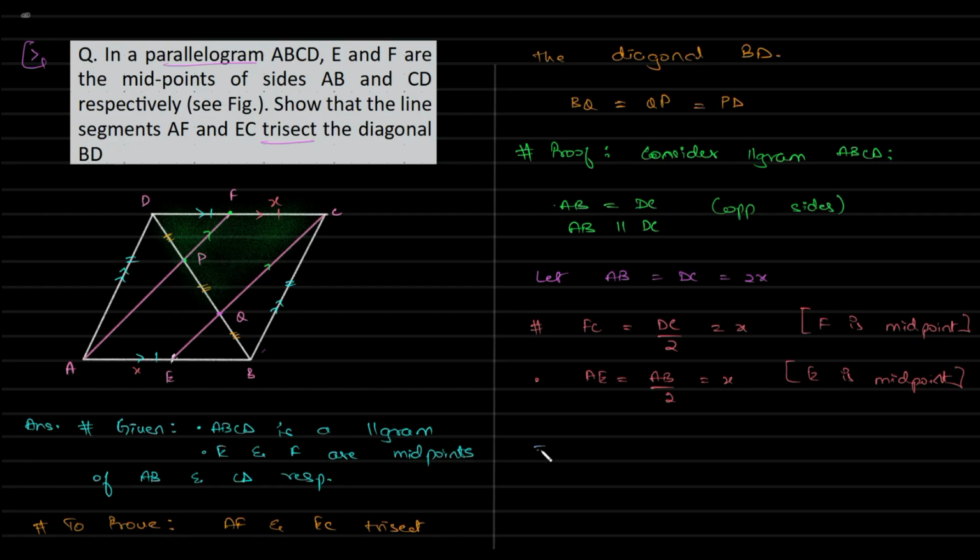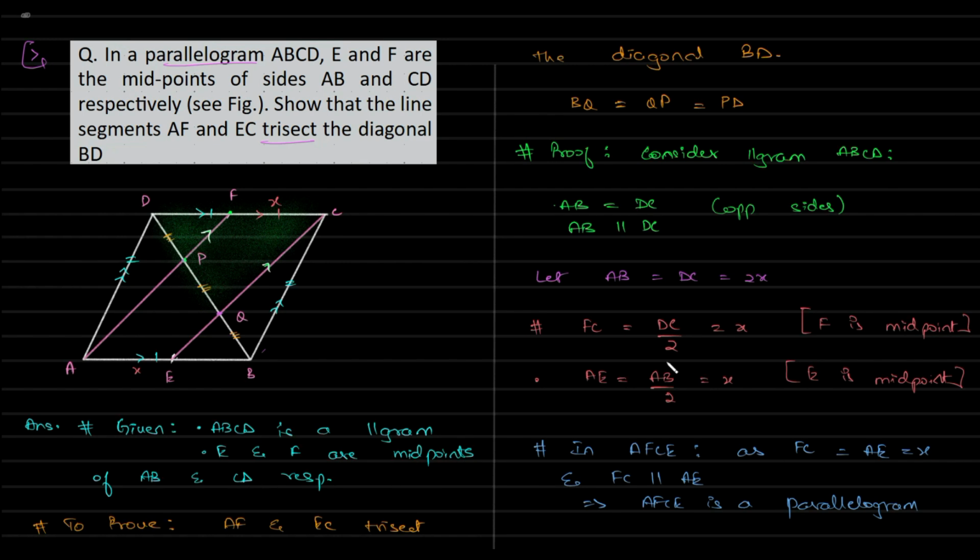In AFCE, as FC is equal to AE is equal to x, and FC is parallel to AE, this implies AFCE is a parallelogram. Very simple. So this is a parallelogram, and so we have this set of lines parallel to each other.